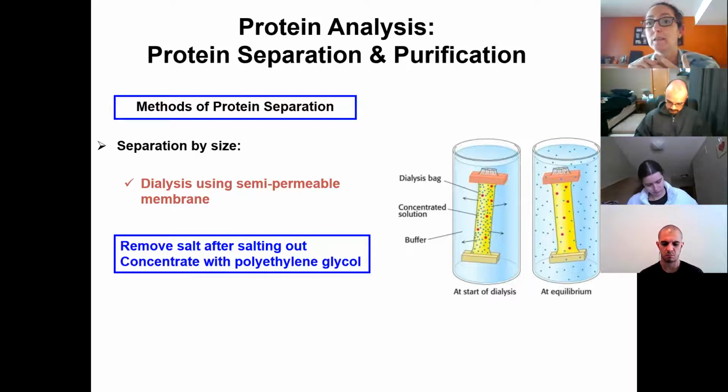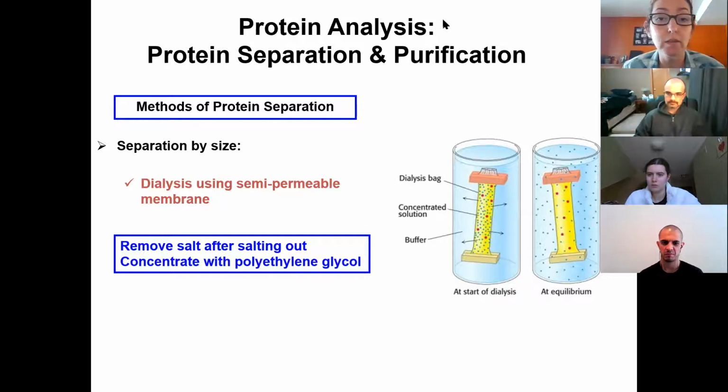You can get tubes with 500 daltons, that means 0.5 kilodalton, very small, and you can get 1 kilodalton, 3 kilodalton, 10 kilodalton. So you can choose the size of the pores based on what molecules you want to get rid of. And yes, I have the dialysis tubing in my hand.